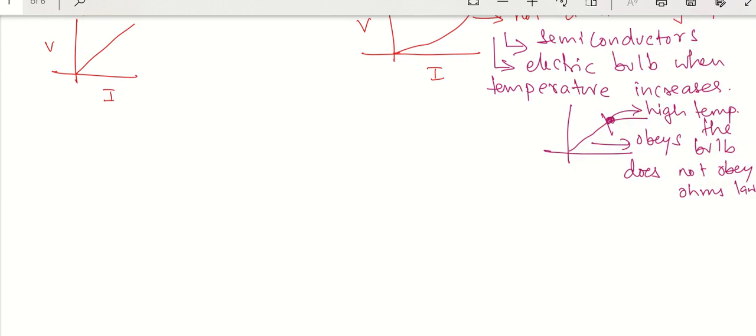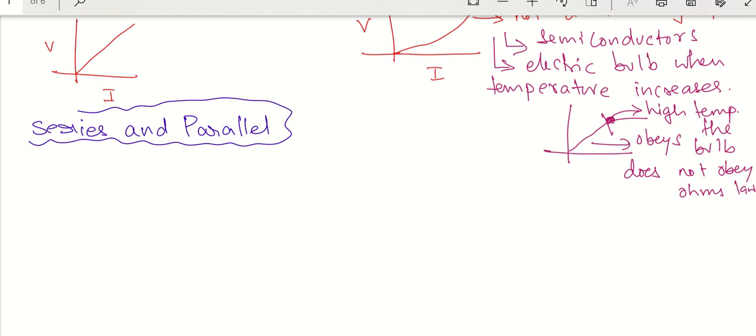So let us come with this series and parallel connection now. If you remember, in the series connection, the resistors would be connected one after the other, right?